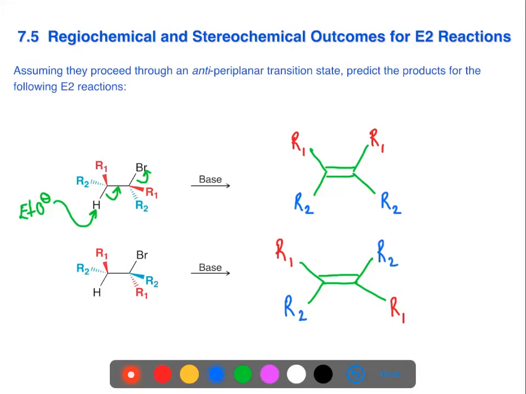So the requirement for an anti-periplanar arrangement determines the stereoisomerism of the product. In other words, the stereoisomeric product of an E2 reaction depends on the configuration of the starting alkyl halide.